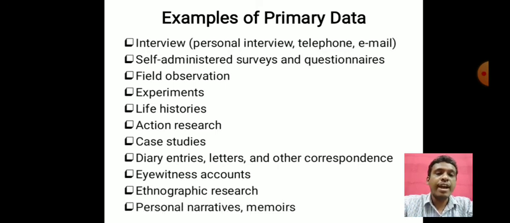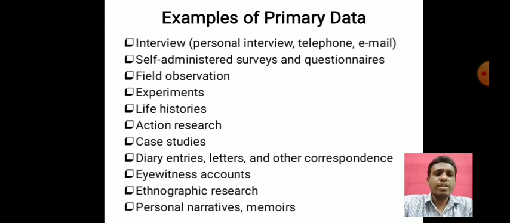And along with that, lastly we have personal narratives or memoirs. Someone who has written a narrative, like an autobiography or a biography of someone else, or narratives about an incident. If a certain incident has happened, for example demonetization, and I'm writing about demonetization, this can become primary data for someone else.